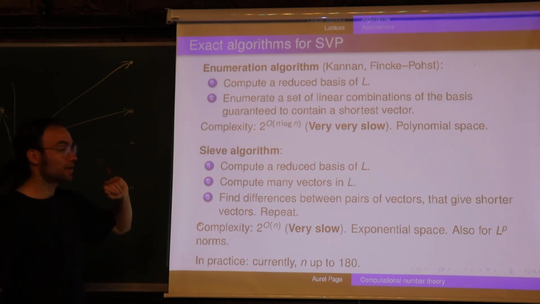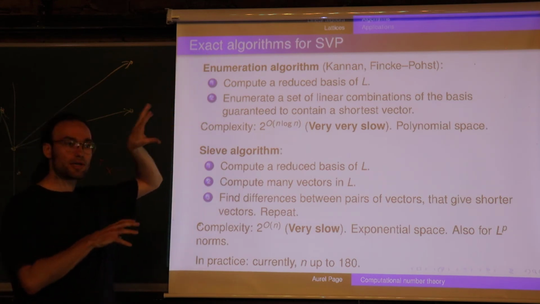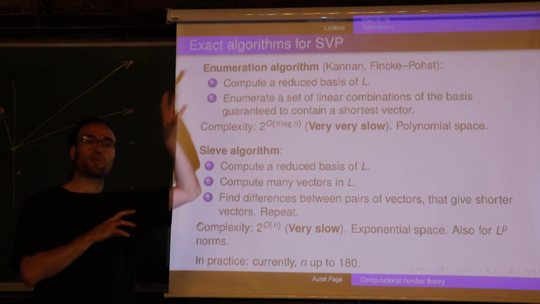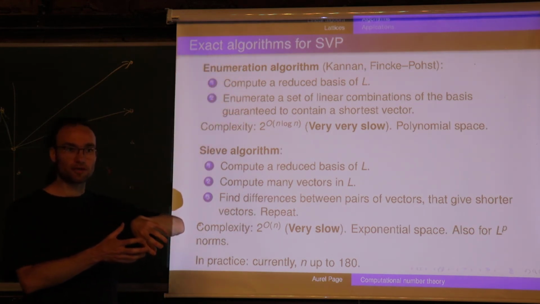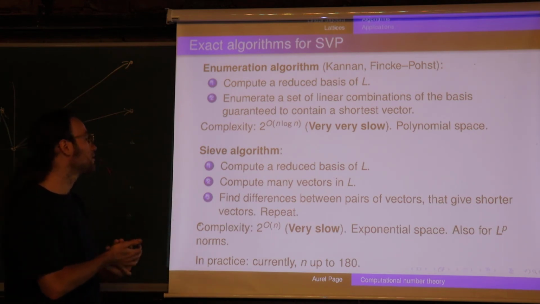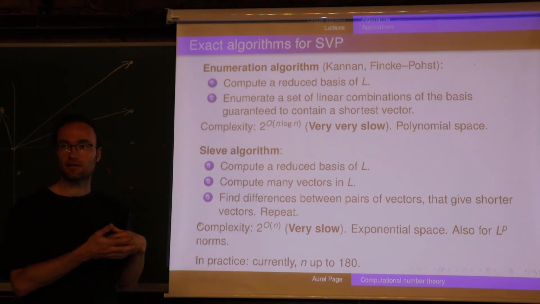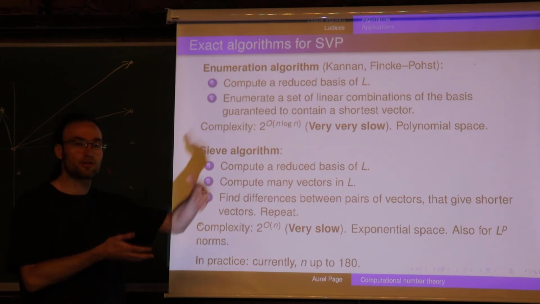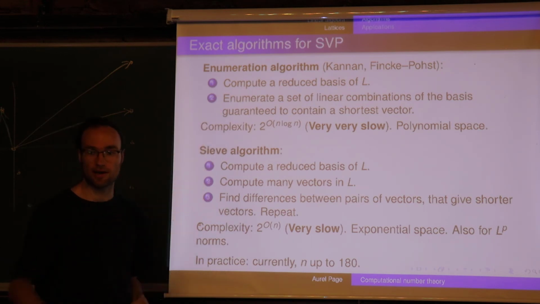Okay, so this solves exact SVP, but now we have these two extremes. We can solve reasonably fast gamma SVP with gamma that is exponential in the dimension, and exponentially slow, we can solve exact SVP. But by mixing these two, you can produce a continuum of algorithms that give approximation factors between constant and exponential, and that appropriately take more or less time.